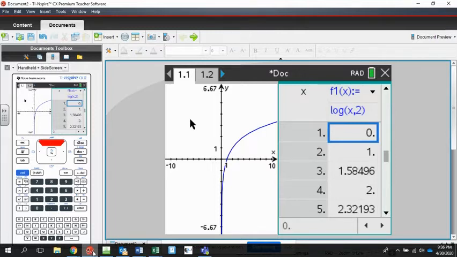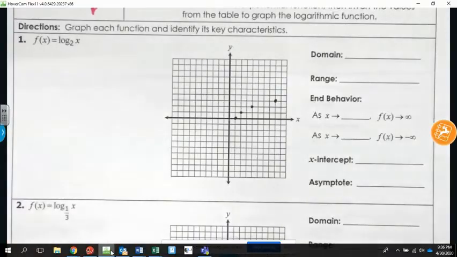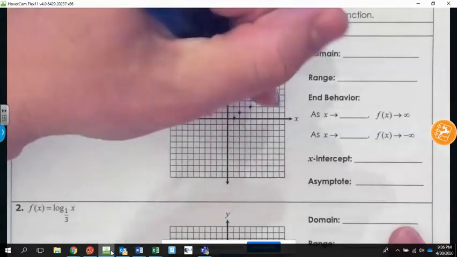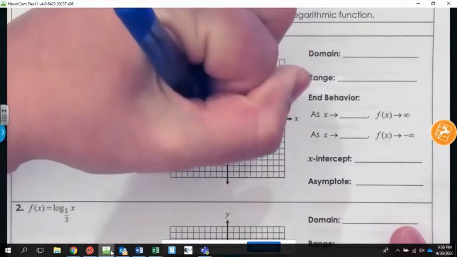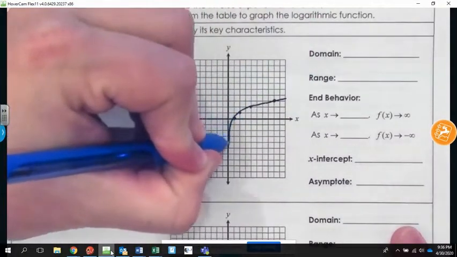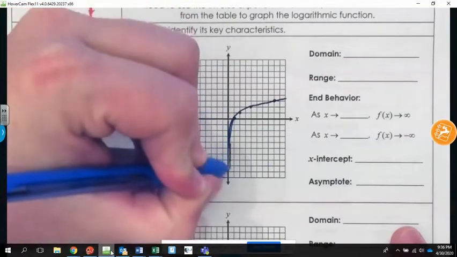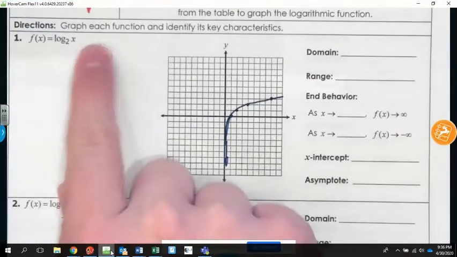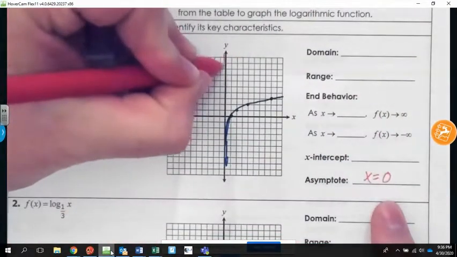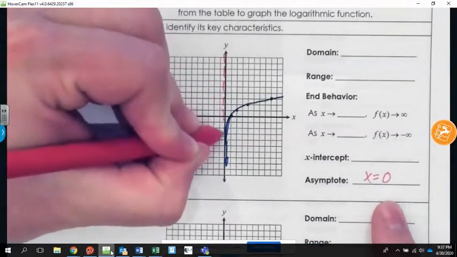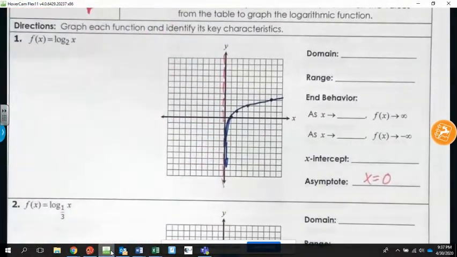So we have this graph right here, and it looks something like this. It keeps increasing and goes down like that until it approaches the asymptote. Well, we know that we don't have a d value. The d value here is 0, so we know that the asymptote is x equals 0, and it's the vertical line that this graph cannot pass over.